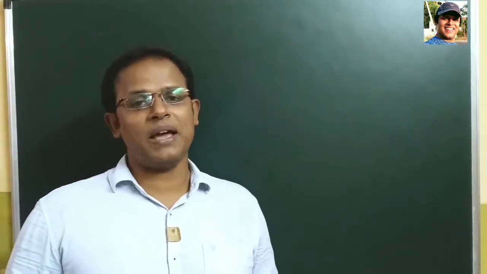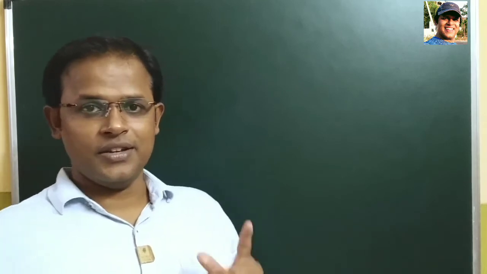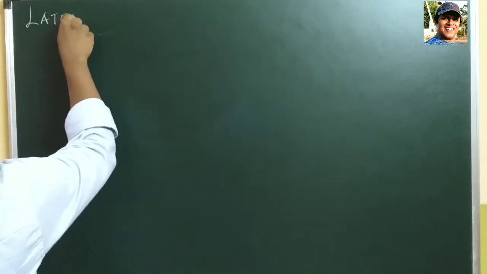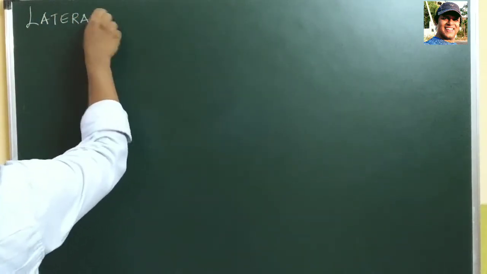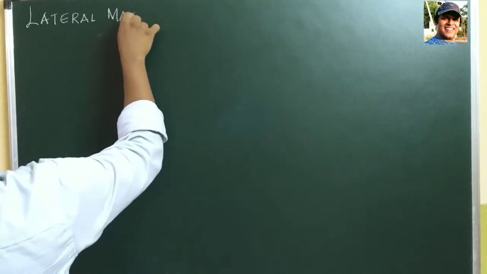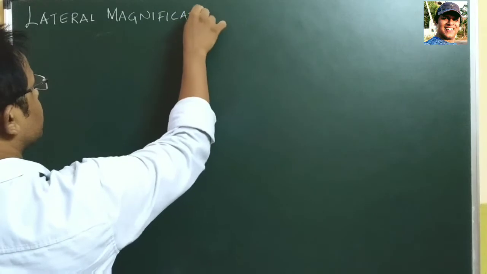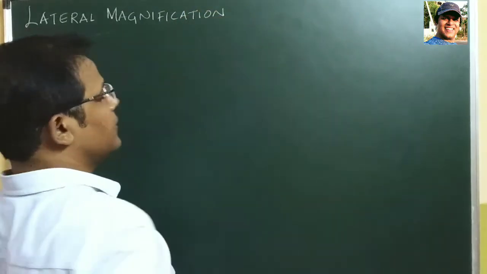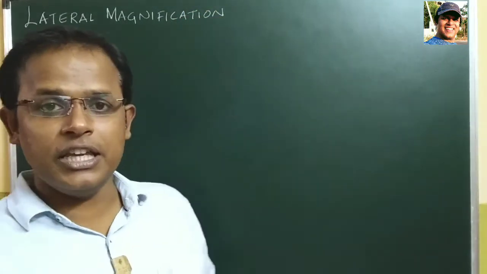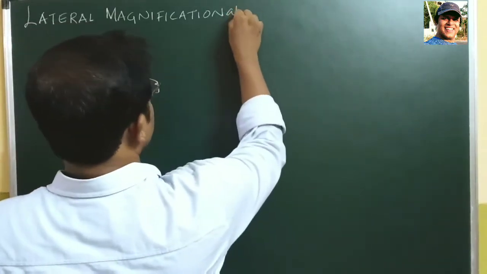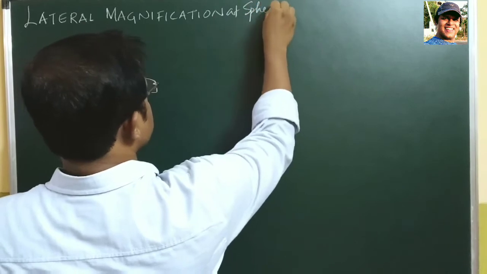So now I'm going to discuss lateral magnification at the spherical refracting surfaces. I'm very sure the students have heard about this term called lateral magnification, also called transverse magnification, defined as the ratio of the height of the image to the height of the object, at spherical surfaces.